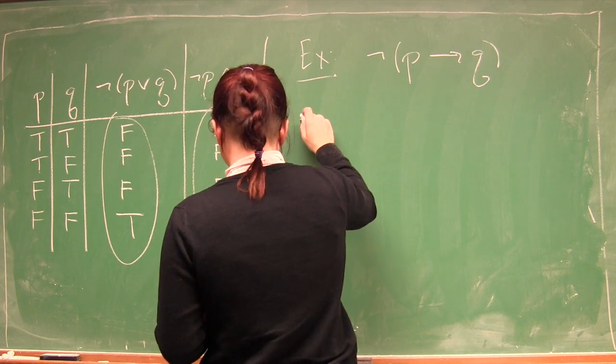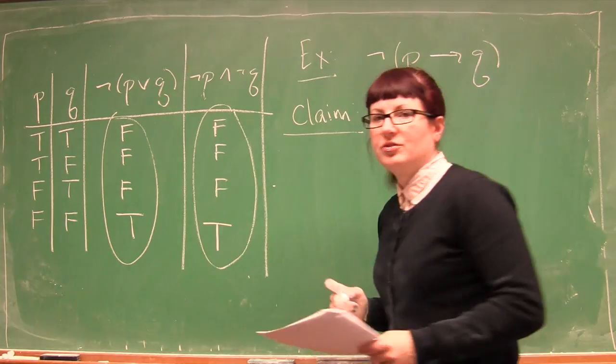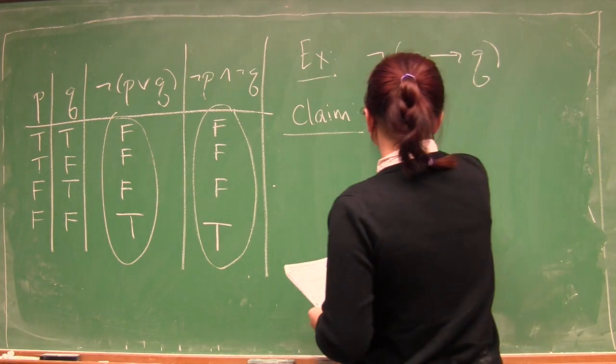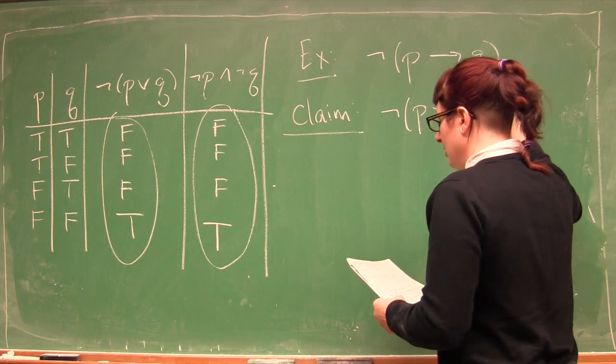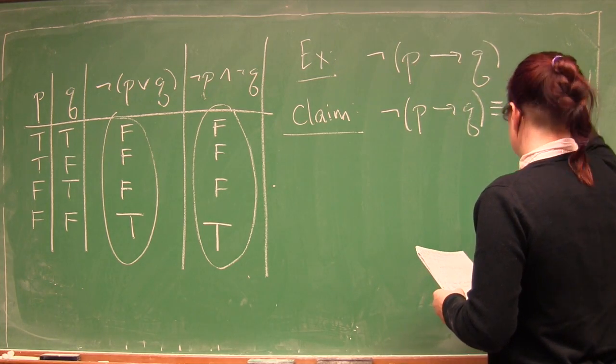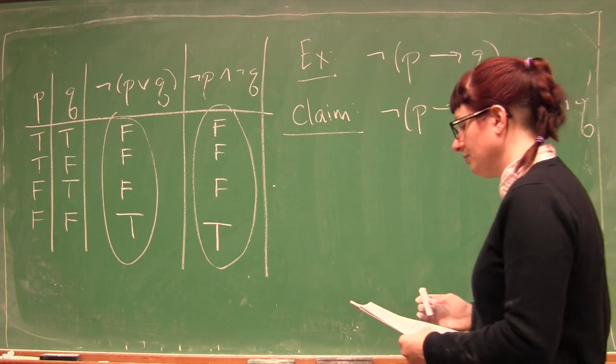So the claim that I'll try to demonstrate for you is that the negation of P implies Q is logically equivalent to P and not Q. We can demonstrate this using a truth table.